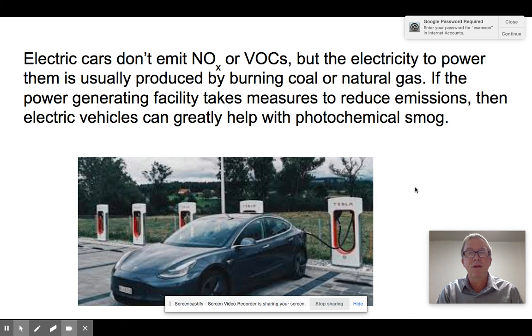We're putting it where the factories are, and they have maybe a little better ability to monitor and mitigate the pollution at a smaller number of sources than you get from a million cars. So it definitely helps. Plus, the cars are distributed in the area where people live, and the power plants are often not where people live. So this definitely also helps with photochemical smog.